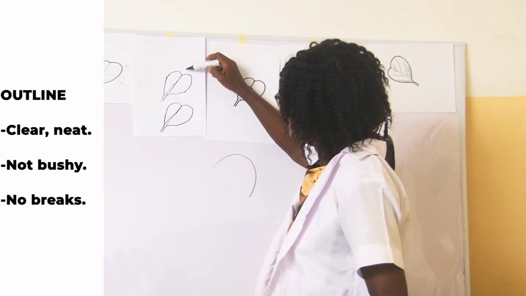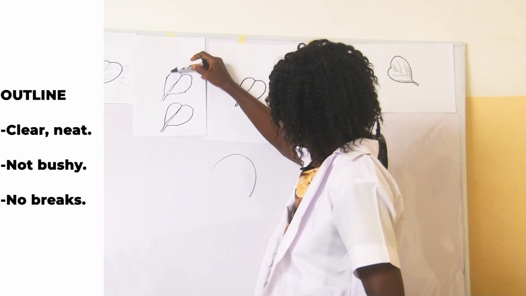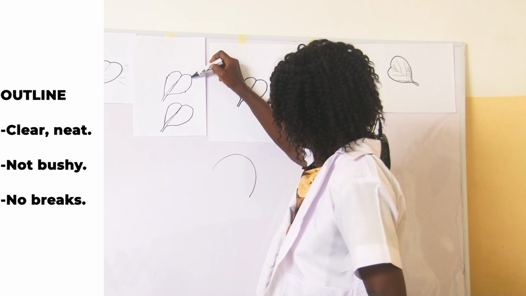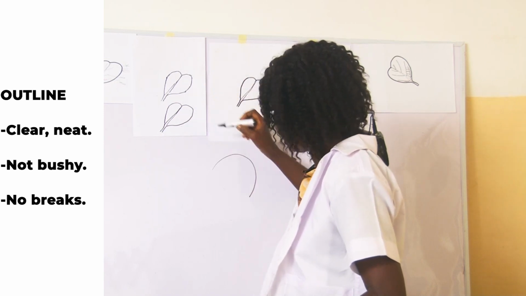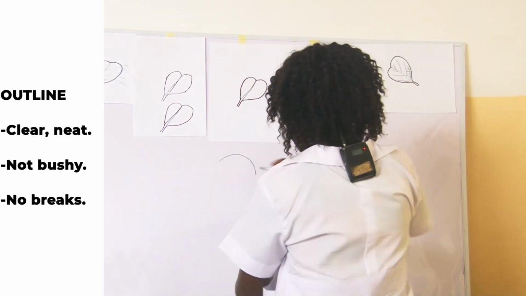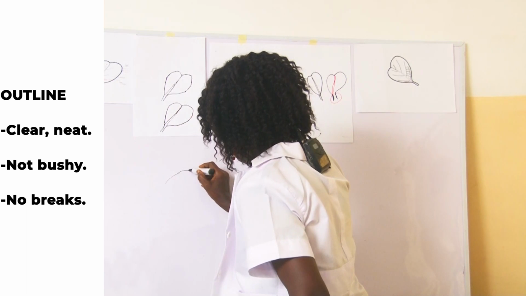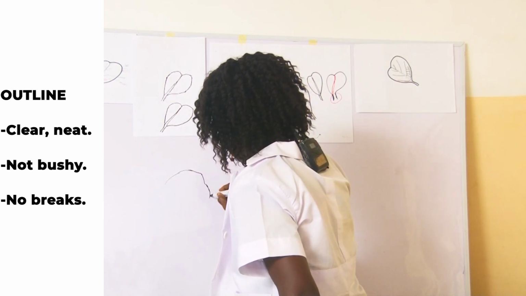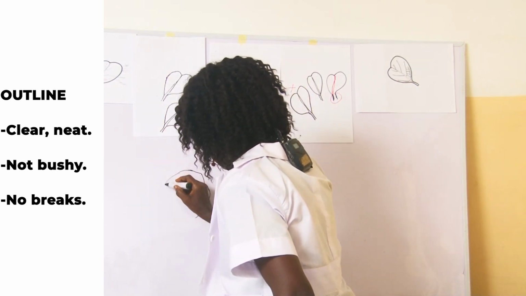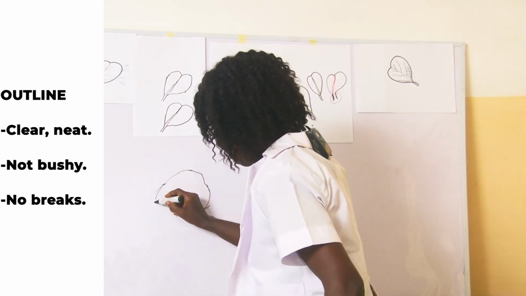The outline should not get bushy. It should also not get breaks. For instance, I don't have a neat outline like this, and I have it bushy, or I have breaks.